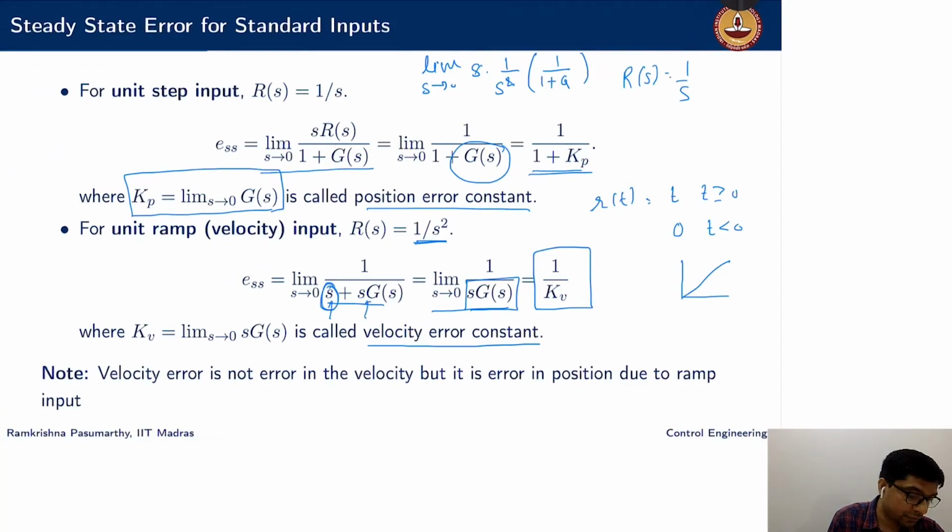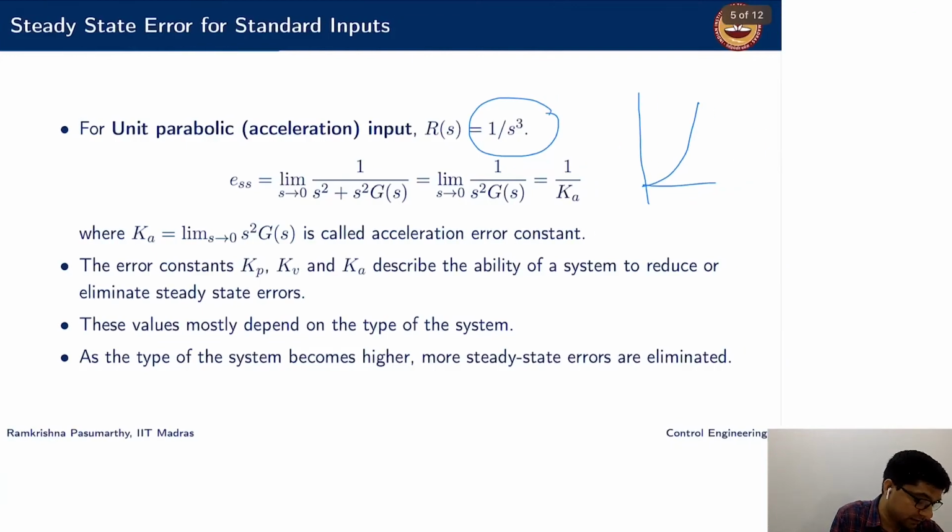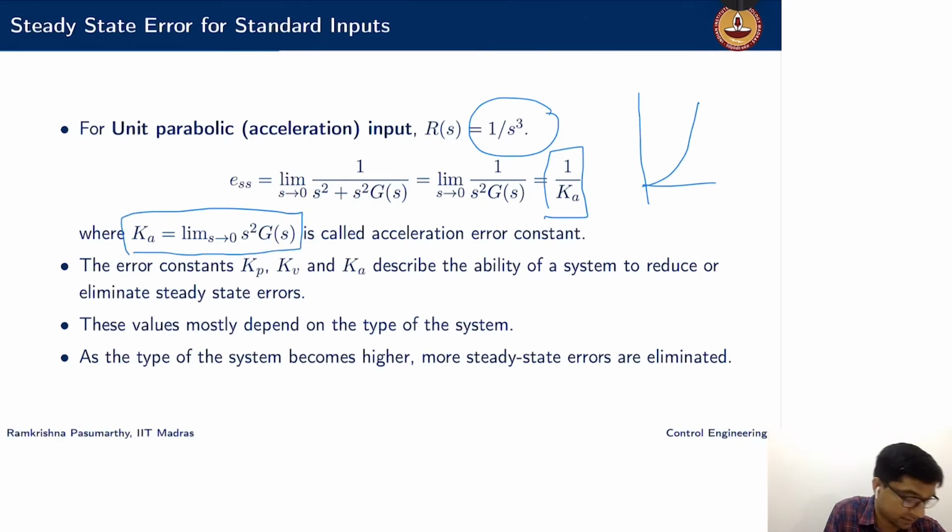And what I will be left with, after all the computations, is ESS equal to 1 over Ka. Again, I give it a name. Ka is limit s going to 0 of s square G(s), and the name given to this is the acceleration error constant.